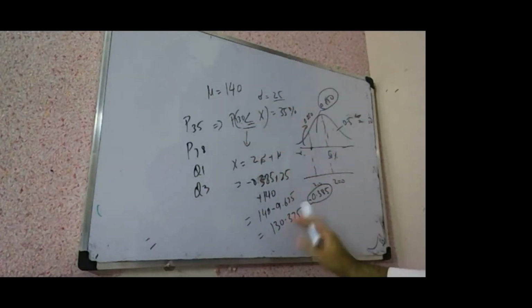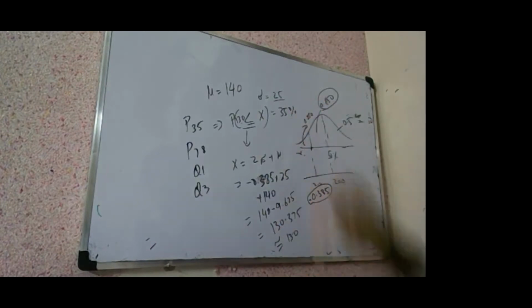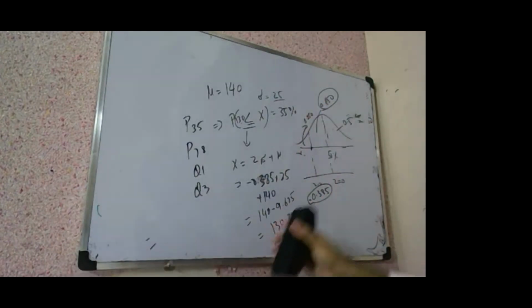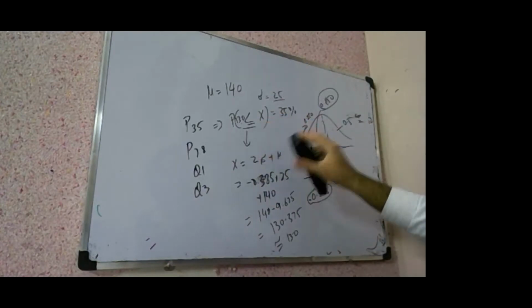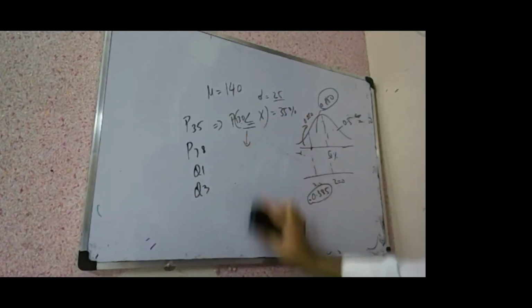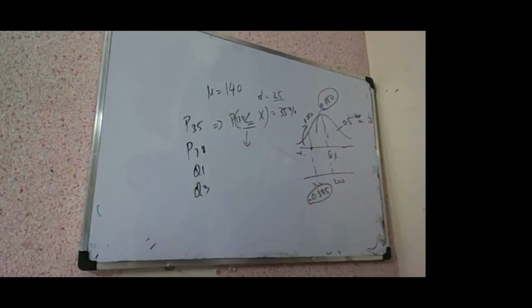I can round it and just make it approximately 130. So the 35th percentile has about 130, the random variable of x having a 35% possibility that it comes into the 35th percentile. Do you understand? Now let's do it in a similar way.